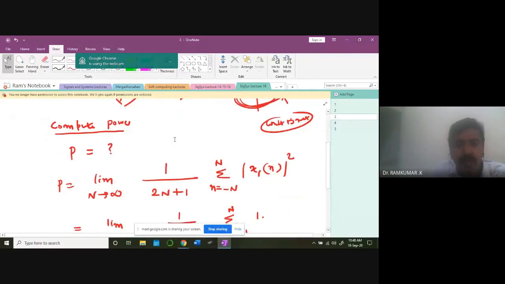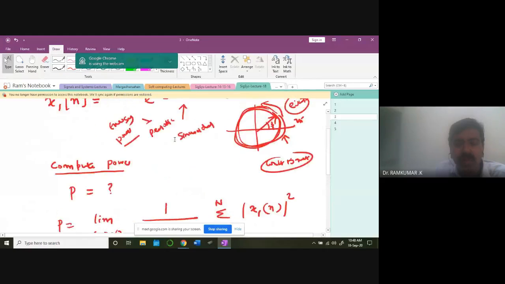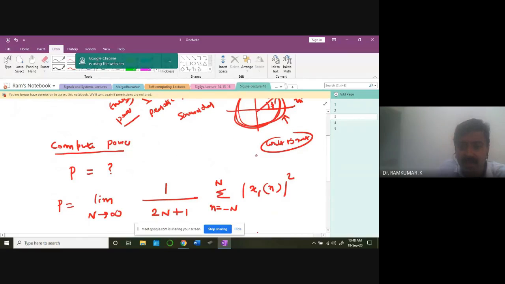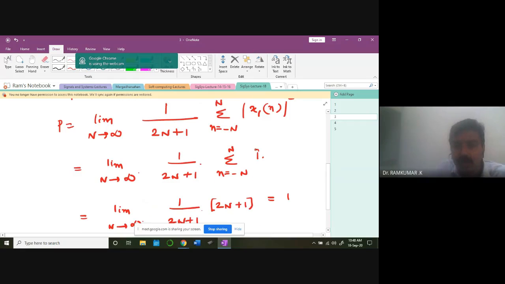So how do you compute the power? The value of the signal is always going to be 1. It is going to be cos pi n by 2 plus j sin pi n by 2. That's the waveform. Then it's going to be cos square theta plus sin square theta, the value is always going to be equal to 1. The magnitude of the signal is always equal to 1, that's square root 1.